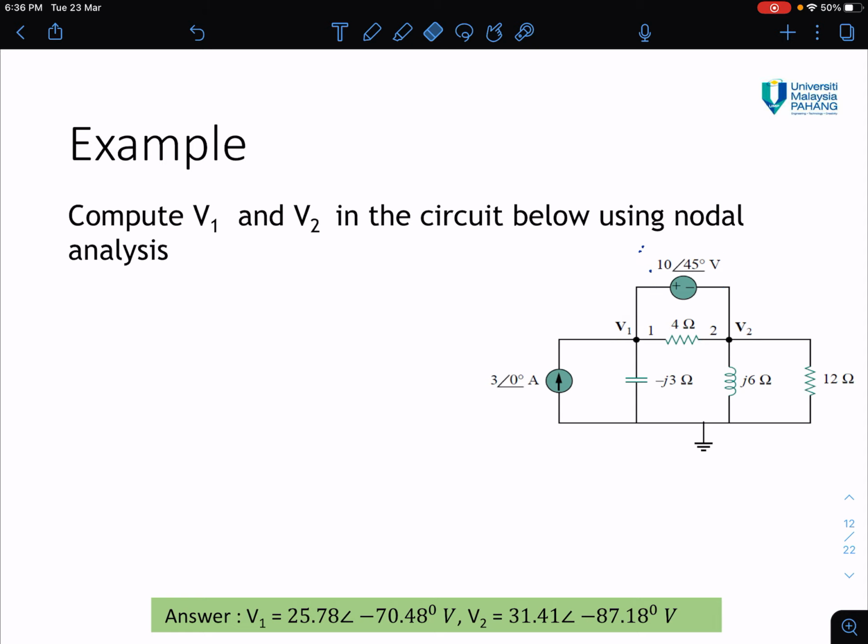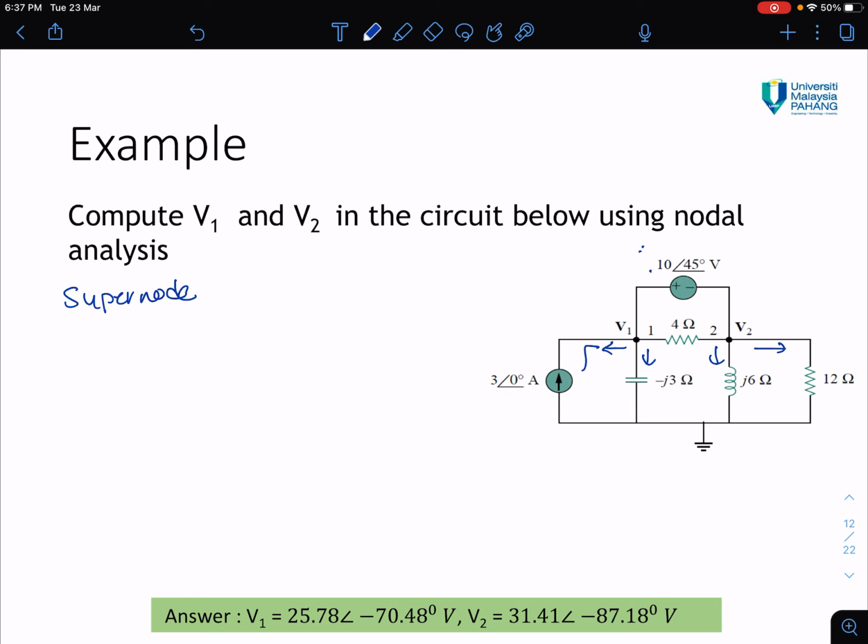Now let's do it. Again, we need to assign all the currents going out from the nodes. So let's write the supernode equation.